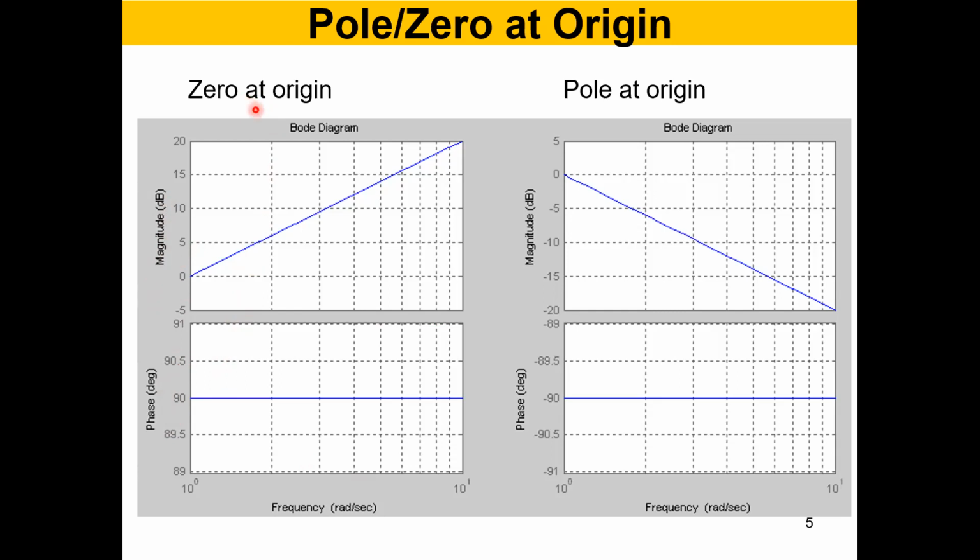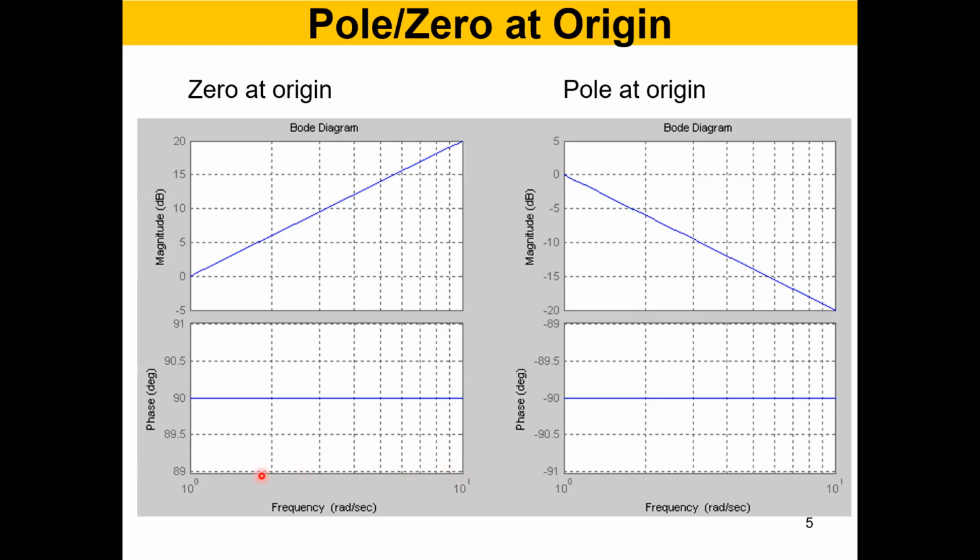If you have a 0 at the origin, looking over here, the x-axis is 10 to the 0, which is 1. This is frequency, 1 radian per second. And this is 10 to the 1, which means 10 radians per second. From here to here, this is 2, 3, 4, 5, 6, 7, 8, 9, then 10.